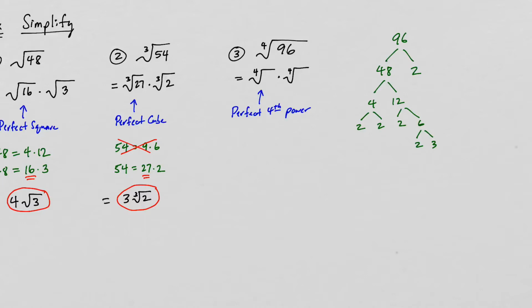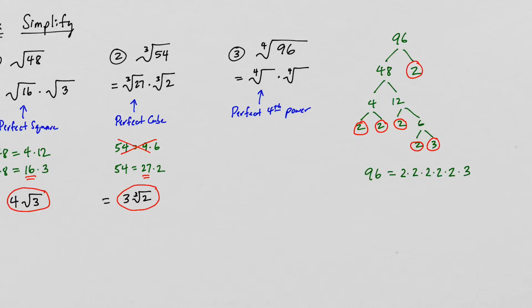So it doesn't matter how you create this factor tree, but in the end, you're going to take all the prime factors of 96, and we can see that 96 is equal to 2 times 2 times 2 times 2 times 2 times 3. So there are 1, 2, 3, 4, 5 factors of 2, times 3.